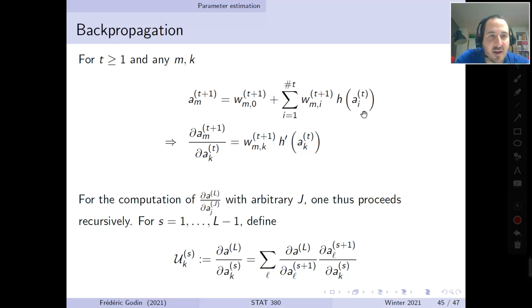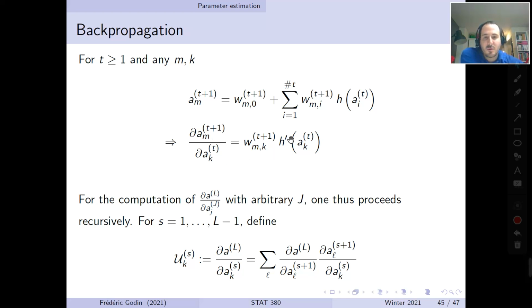This h of a was denoted as z. Because of this, you have the following result. If you differentiate the next layer's mth activation with respect to the previous layer's kth activation, you have the following result.